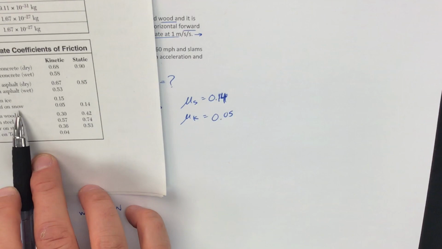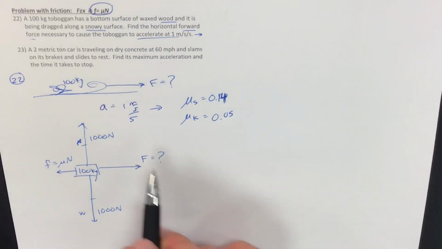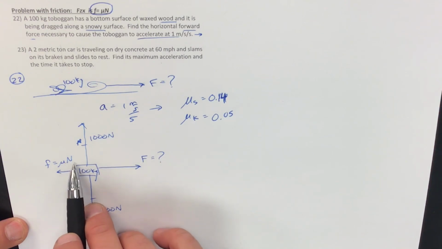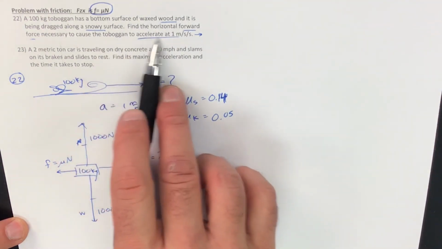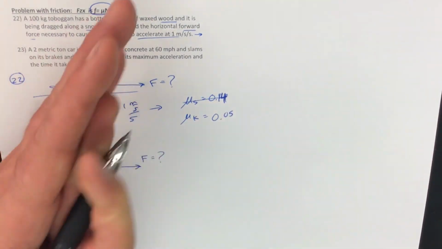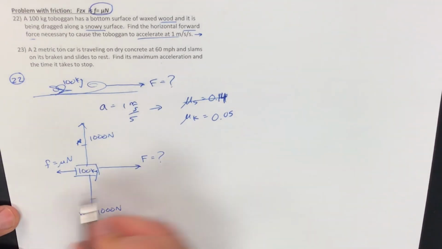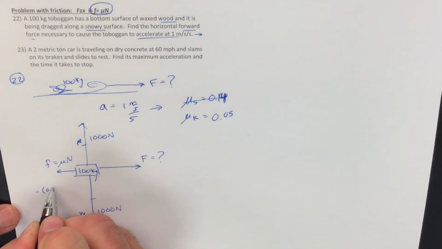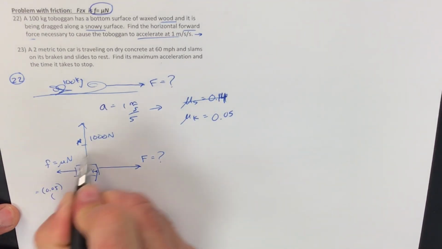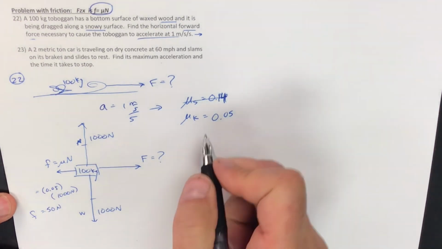We're assuming waxed ski on snow. Good enough. And then we need the coefficient of friction times the normal force. It is accelerating, so we know that it's not the static, it's sliding. Since it's actually sliding along the surface, it's got to be the kinetic. So that would be 0.05 multiplied by 1,000 newtons, and that's 50 newtons is the friction force.